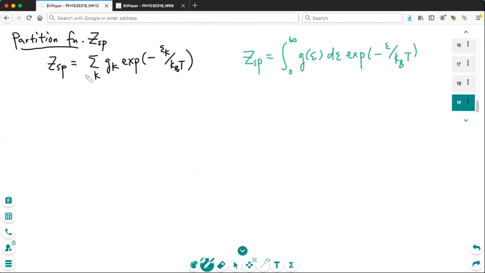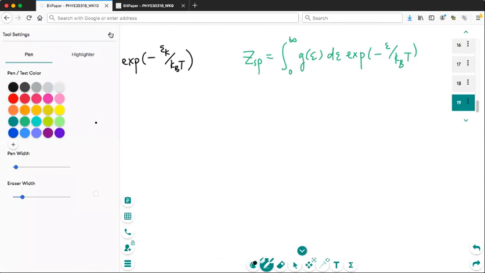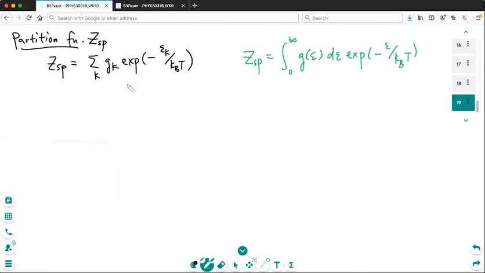But now I want to repeat what we have done quickly, basically with the same steps as before. So I want to calculate my energy U. I want to calculate entropy. Actually, we can calculate everything just like before. Once you know the partition function, you have the full knowledge about the system.